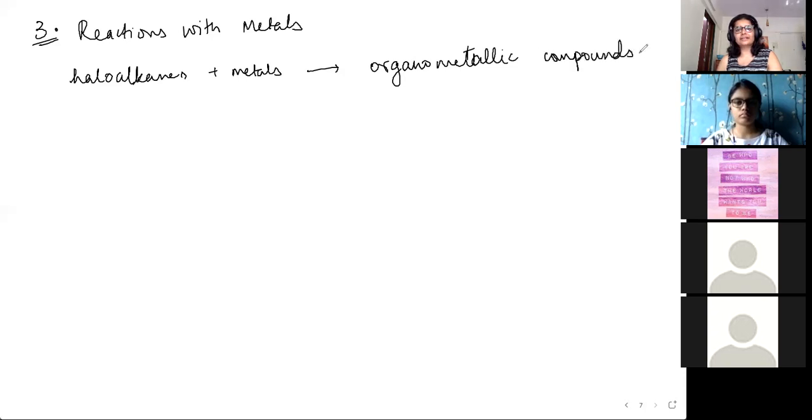All these words are pretty logical, common sense. Organo is organic compound, metallic is metal, so organometallic compounds are basically organic compound plus metal. Organometallic compounds are a special class of compounds.